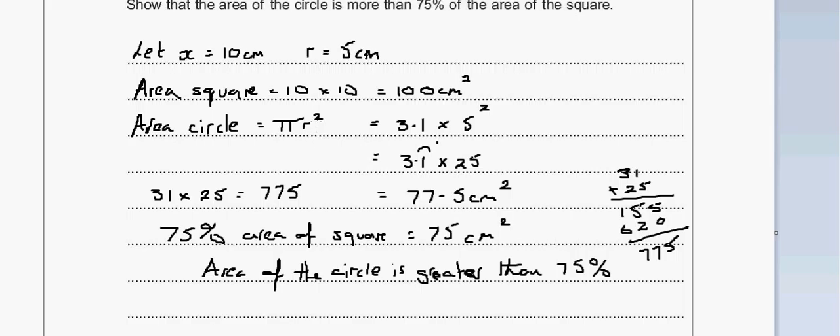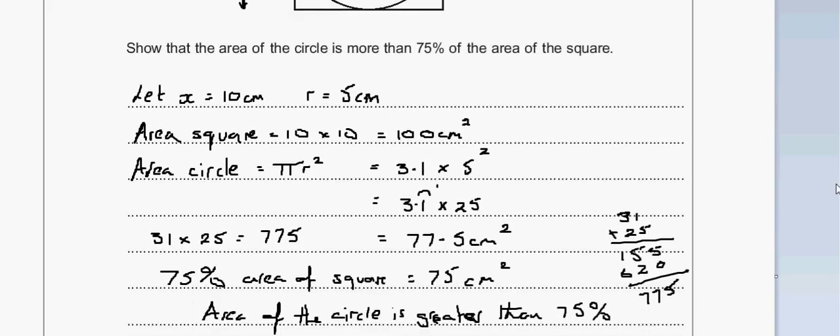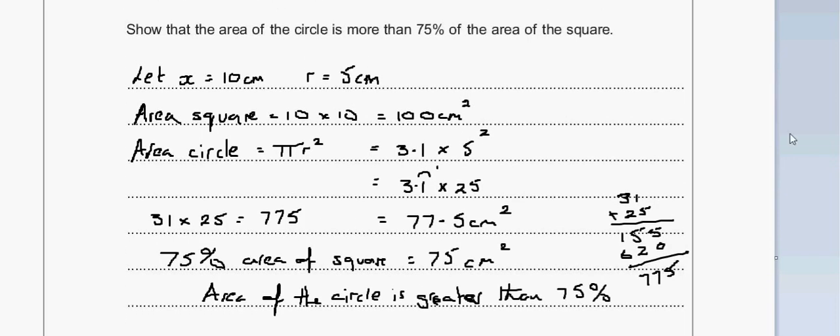Okay, it's that simple. So just give a value, choose a value at random, one that works for you, substitute that in, work it through, and then this now has proven that what they're saying is true, that the area of the circle is more than 75%, because we can see here 75% would be 75 centimetres squared, and the actual area of the circle is 77.5 centimetres squared.